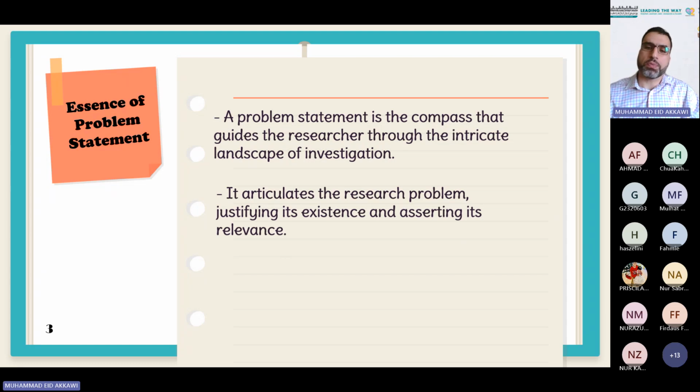So in your problem statement, it articulates the research problem. Like saying, for example, the example we just mentioned about the waiting time. You would write one or two sentences about the waiting time. Like, research found that the average waiting time to see the doctor is 2 hours.